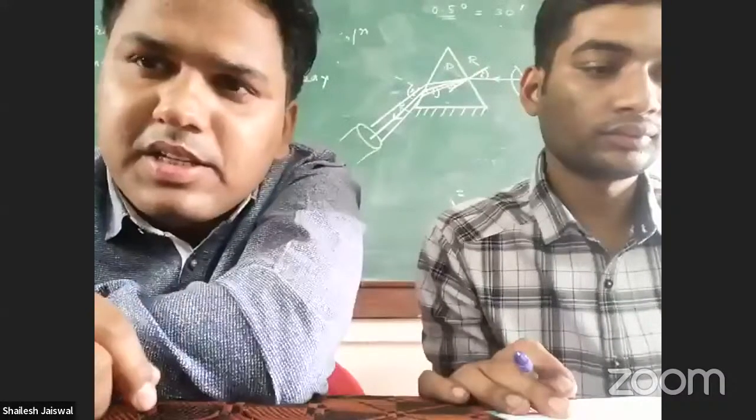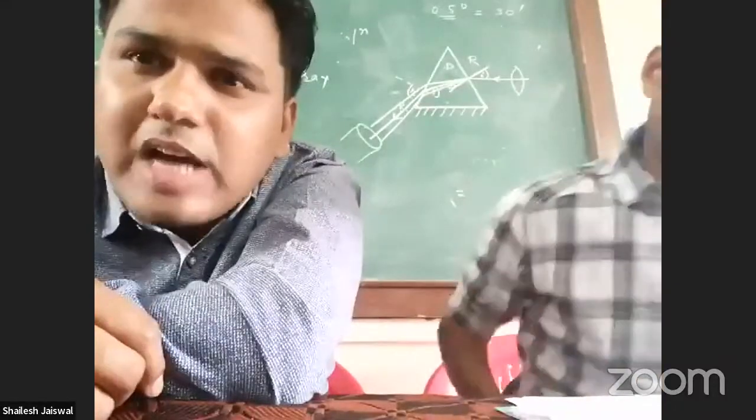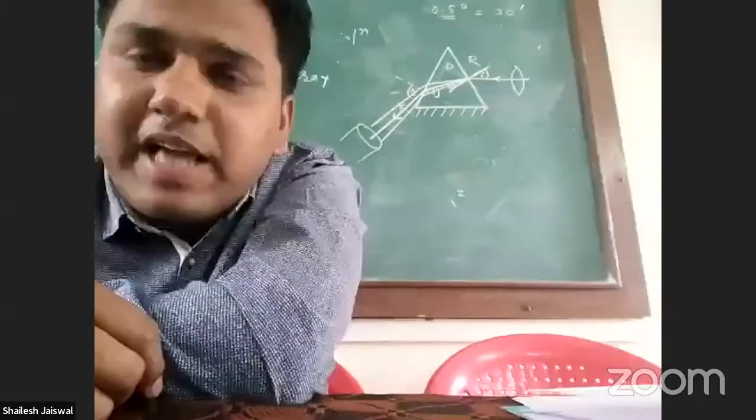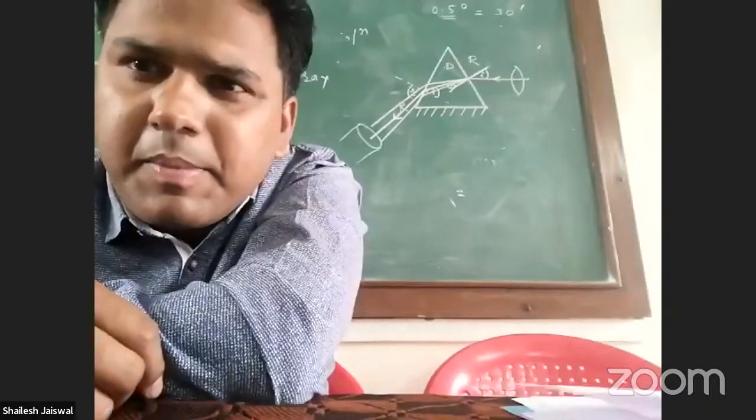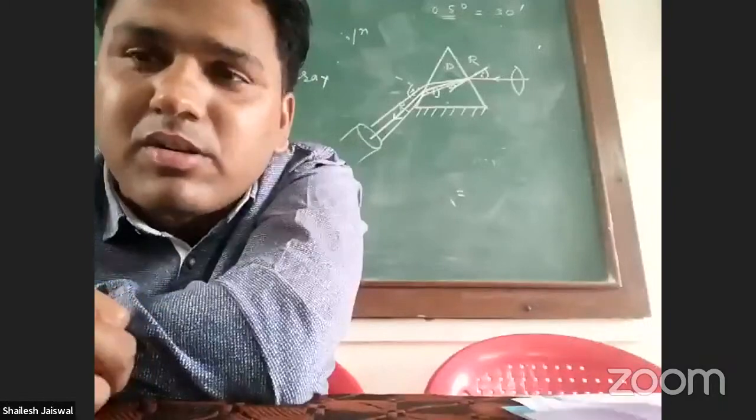What is e here? Is e the electron or the charge on the electron? Yes, e is the charge on the electron. Okay. And what is m here? m is the mass of that particle. What is the value of mass of electron? Sorry, sir.